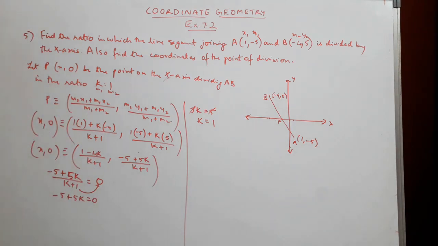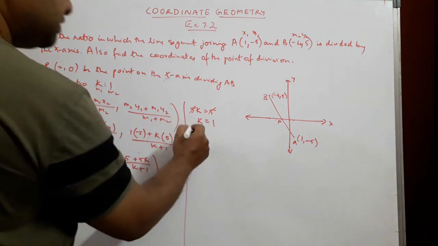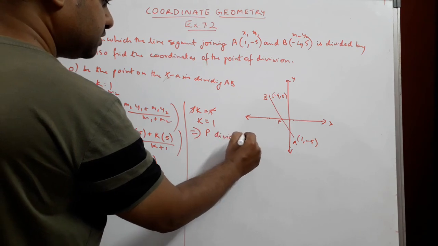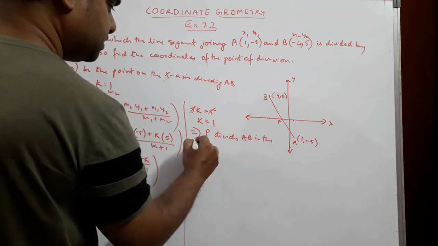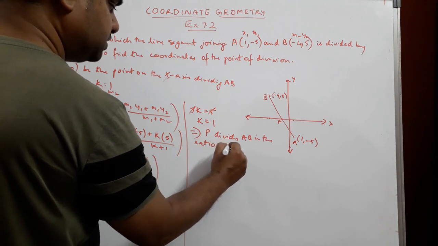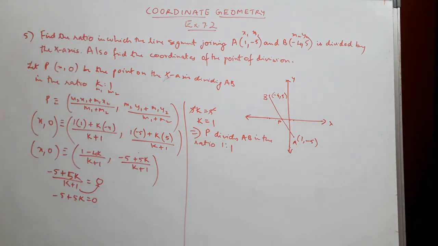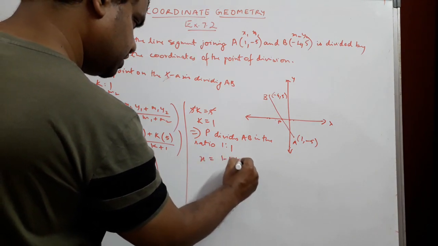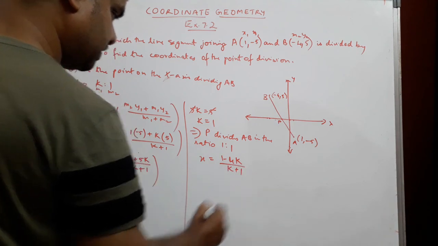Now that we have k equal to 1, this implies that P divides AB in the ratio 1:1. Now that we have the ratio, we can easily get the x coordinate without applying the entire formula all over again. We can just take x = (1 - 4k)/(k + 1).